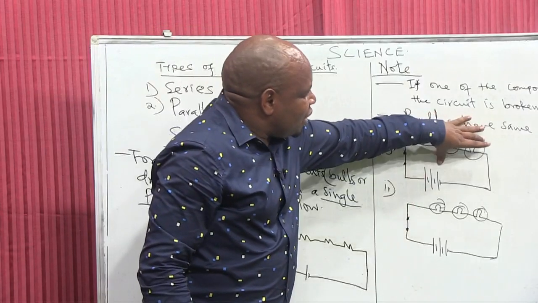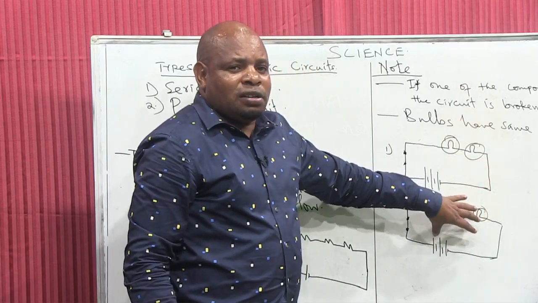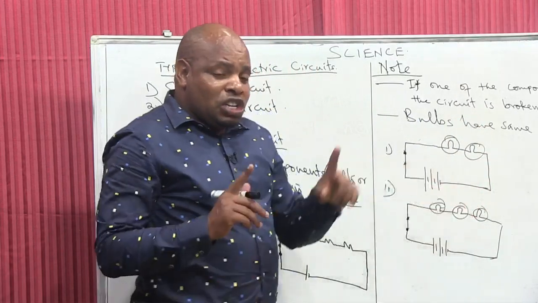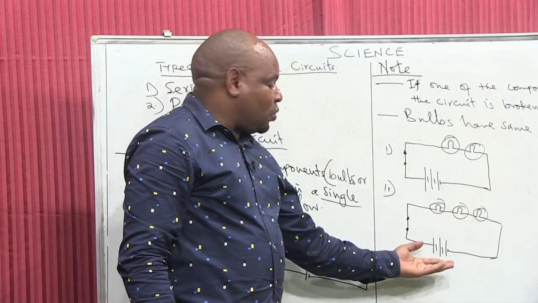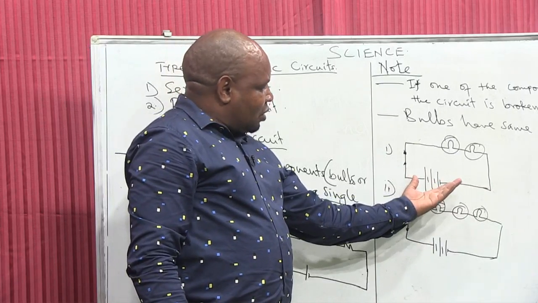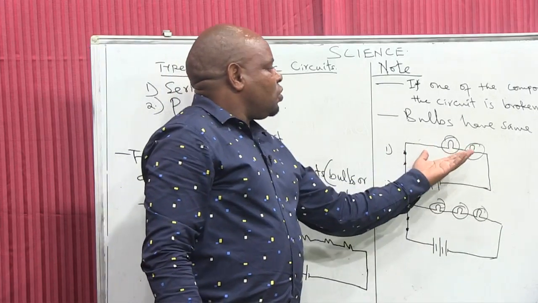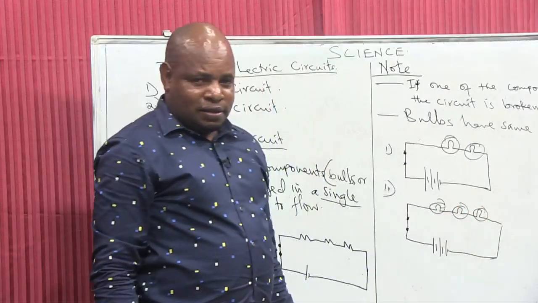This one here will be brighter than this one here. Mark you, the source of power has got the same 3 dry cells, but here 2 bulbs in series, there 3 bulbs in series.